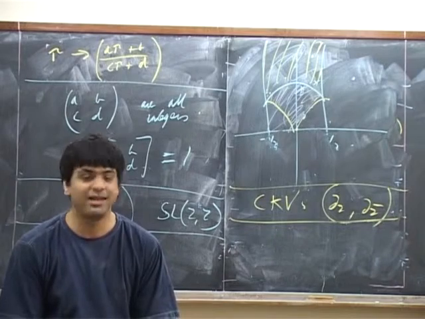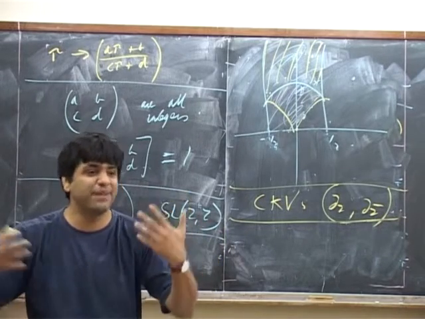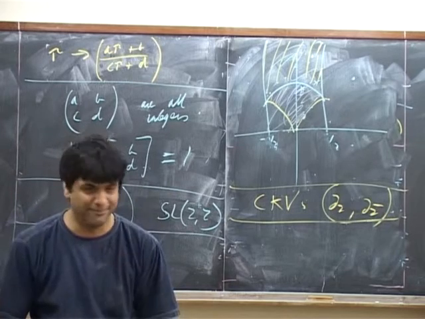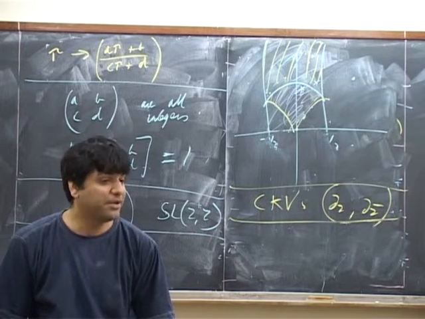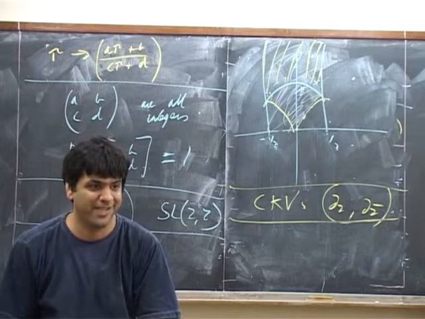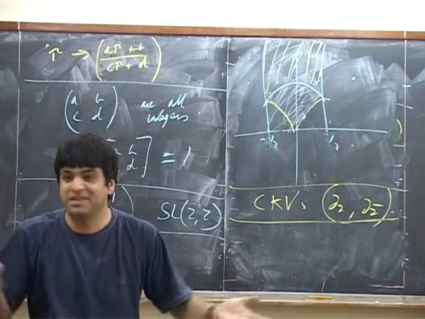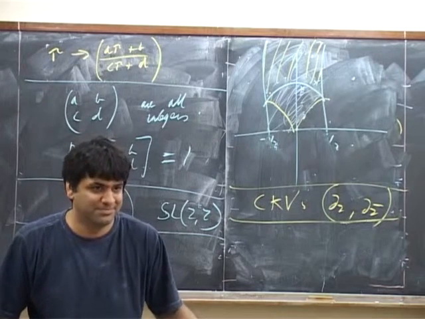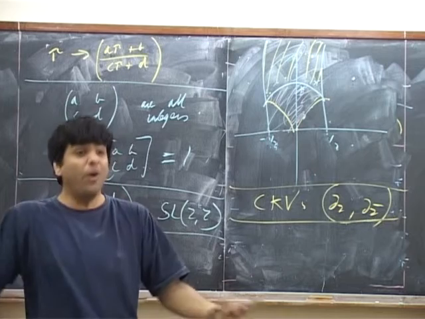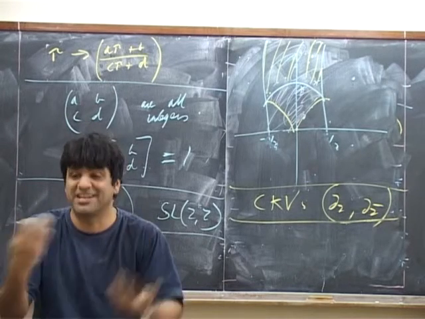The number of B insertions minus the number of C insertions was fixed to be a certain number because of the anomaly. But the anomaly is proportional to the scalar curvature on the worldsheet of the string. Now on the torus, the scalar curvature can be chosen to be 0, so the integral of the scalar curvature is 0. So in this case, there's no integrated anomaly.